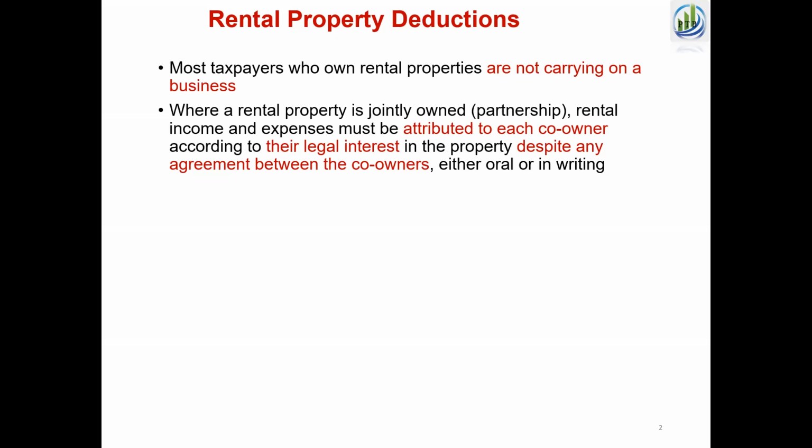Sometimes clients may ask, I am spending all the expenses, I am paying all the council rates and interest and everything, and my husband is not working. Can I put all the expenses and income into my income tax return? Husband and wife were earning some income, but unfortunately this year the husband did not earn.